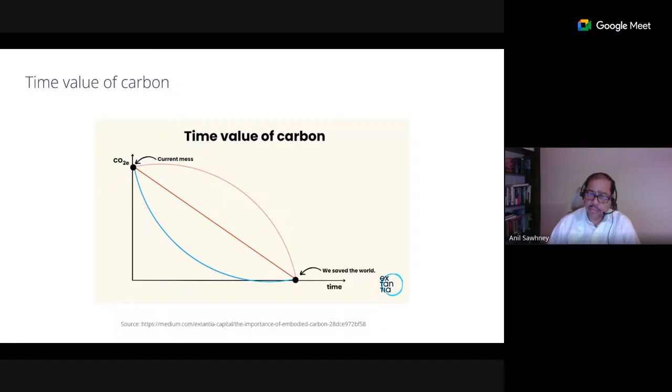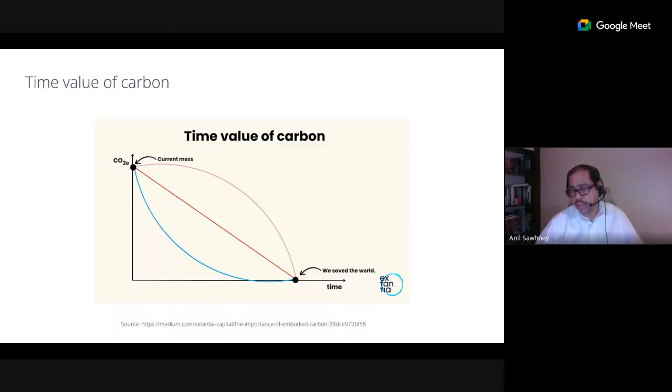Now, we are saying that today our building produces X amount of emissions. Our goal is to, in 30 years, or 50 years, decarbonize and become net zero.